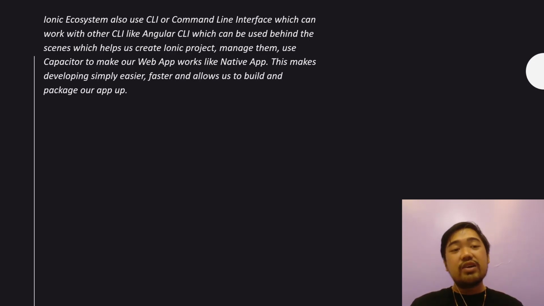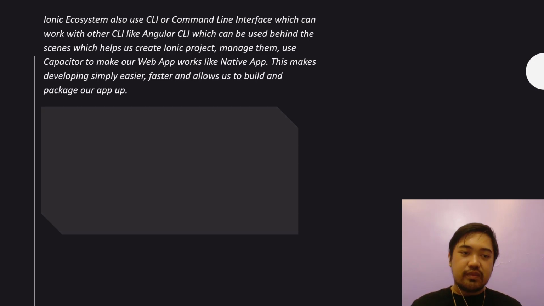So, ginawa na ni Ionic karamihan ng trabaho para sa atin. So, it is faster and easier to create. And makakagawa na tayo ng web app na okay or na pasok na agad yung functions niya by using those features alone.